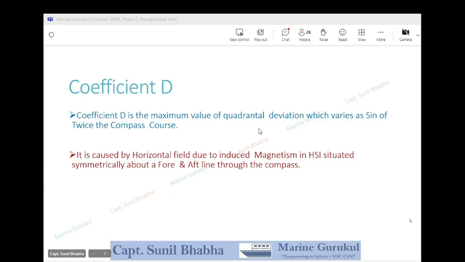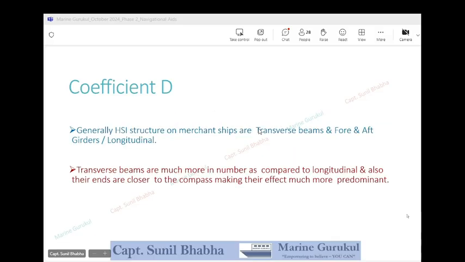Moving ahead now. Let's go into the generation or the cause of the coefficient D. Generally, HSI, horizontal soft iron structure on merchant ships, are transverse beams and fore and aft longitudinals or girders. Now, out of these two, the transverse beams are much more in number.